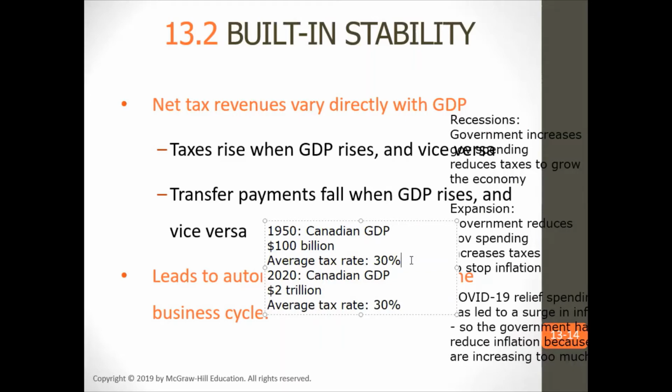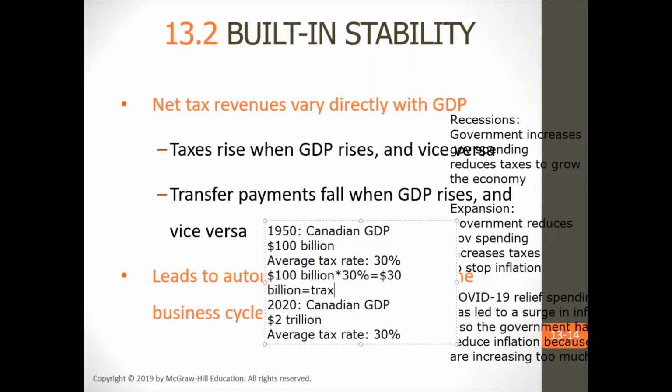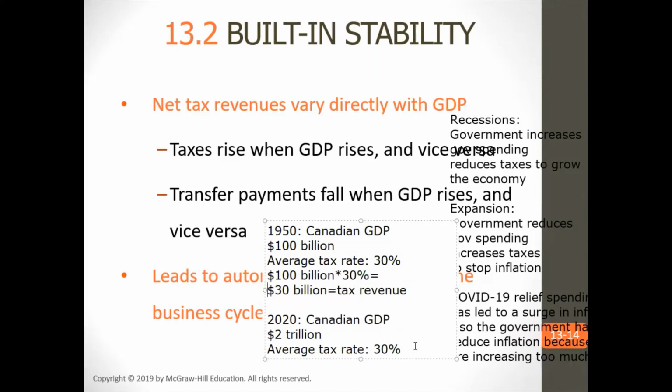So 100 billion times 30% equals 30 billion, which is the tax revenue in 1950. And then 2 trillion times 30% would be 600 billion tax revenue in 2020. So the tax revenue went up by 570 billion over that time period.